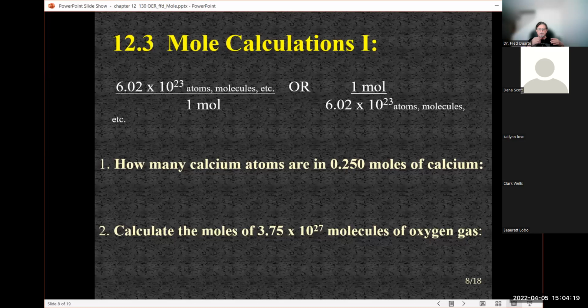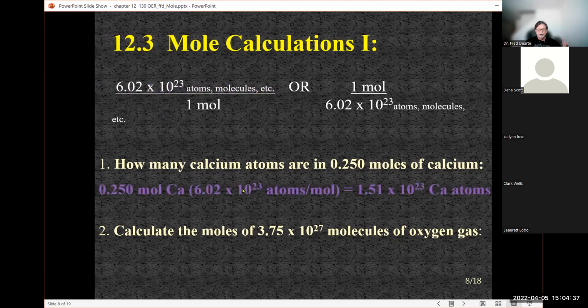It's a counting unit, like a dozen, per mole, okay? 1 mole is equal to 6.02 times 10 to the 23rd units. And we can flip that ratio, with either the number on top or Avogadro's number in the denominator. How we set it up depends on the question and what units we need to get rid of.